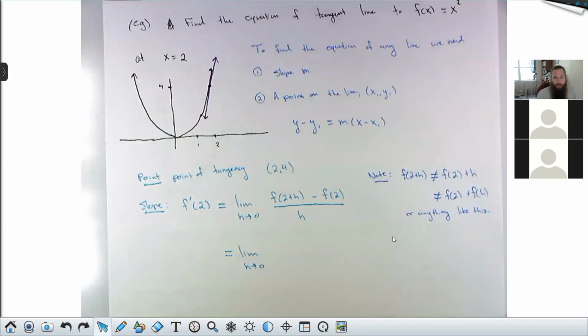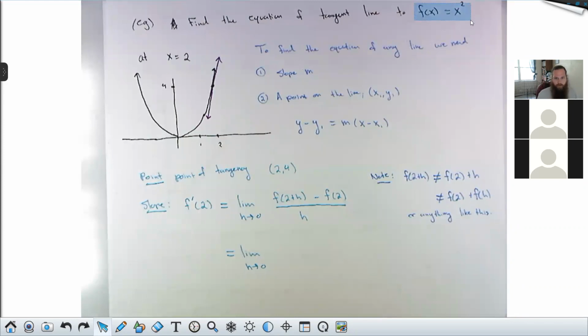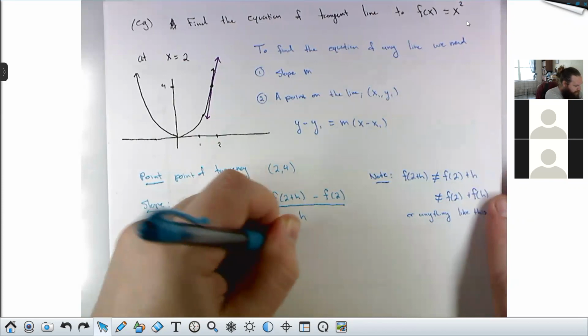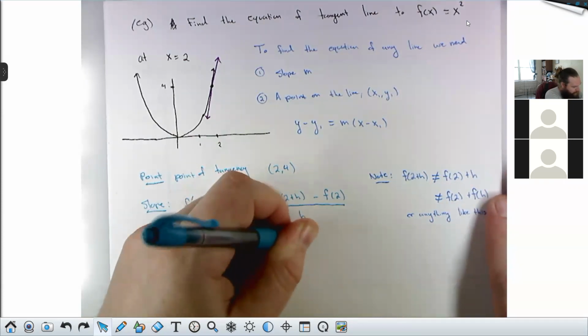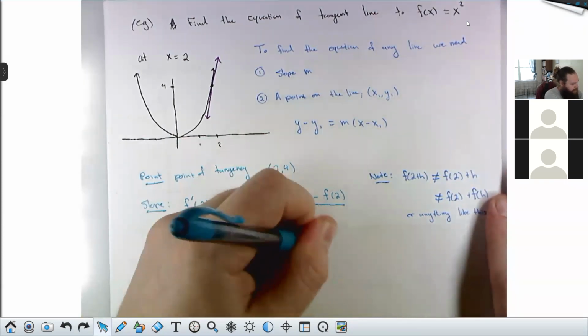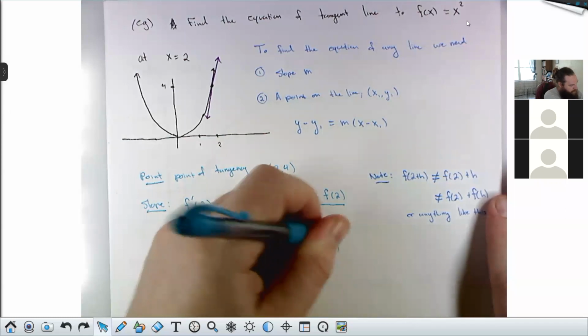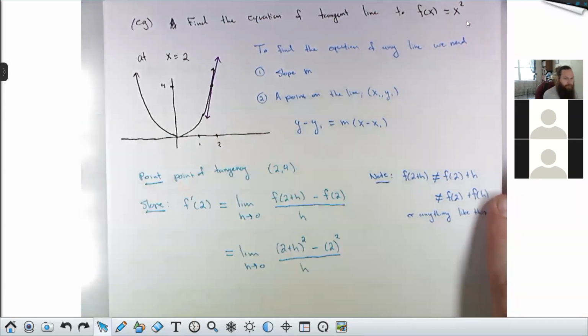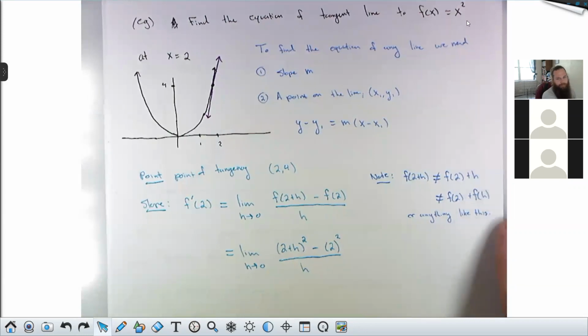The only thing that does work is using the definition of the function. F of anything is that thing squared. So f of 2 plus h has to be 2 plus h all squared. And f of 2 has to be 2 squared. All of this is over h. Everybody with me?